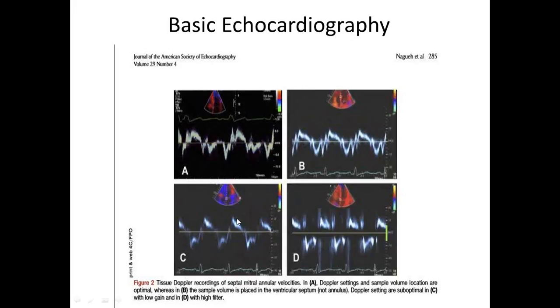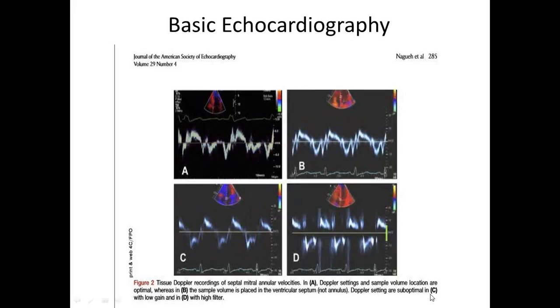In sample B, the sample volume is placed in the ventricular septum, not the annulus. So if you can see it, it's placed way up into the ventricular septum. So it's going to decrease your S prime, and somewhat increase your E prime. If it's not positioned properly, you're going to get erroneous values or numbers.